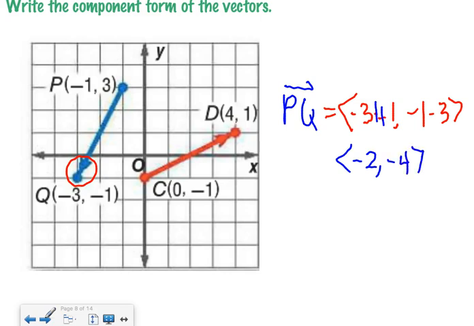So that would be the component form of PQ. You just subtract your ordered pairs. It's an ordered pair. All you're doing, guys, is taking your terminal point and subtracting the starting point.